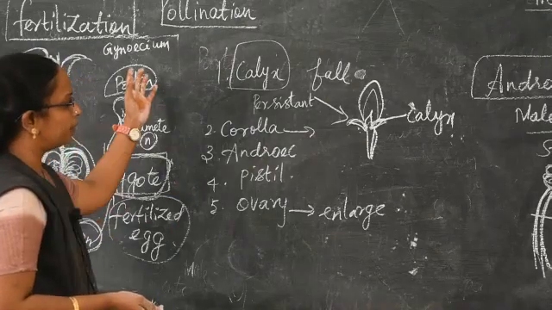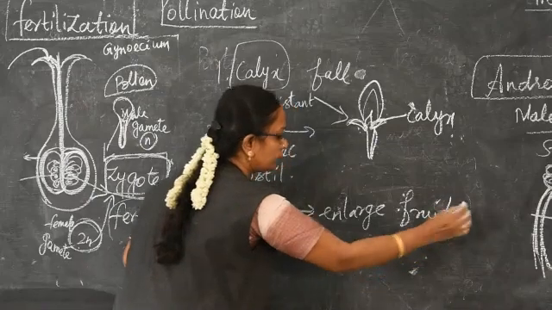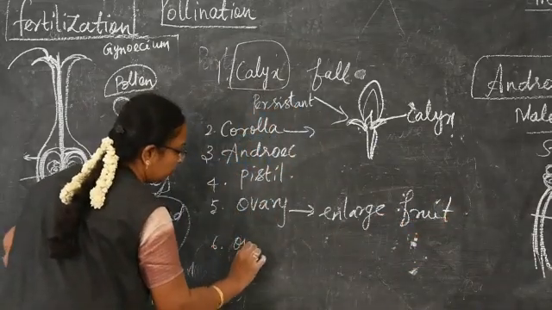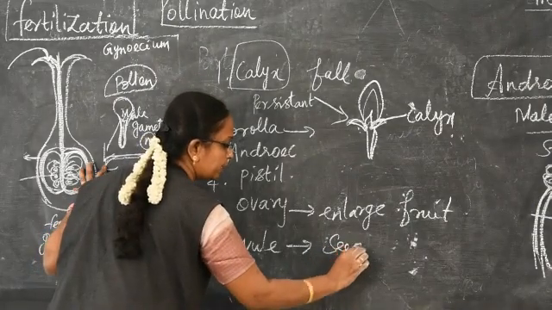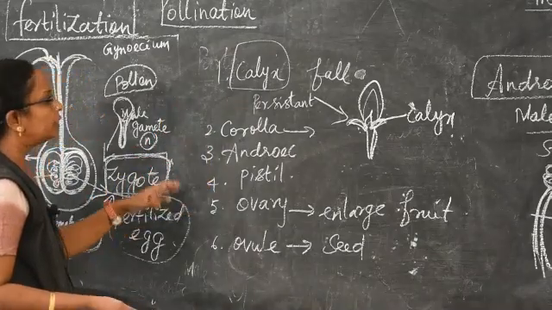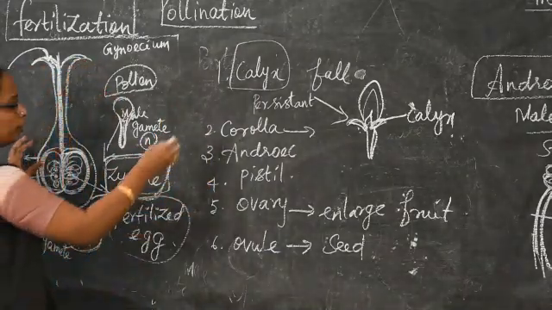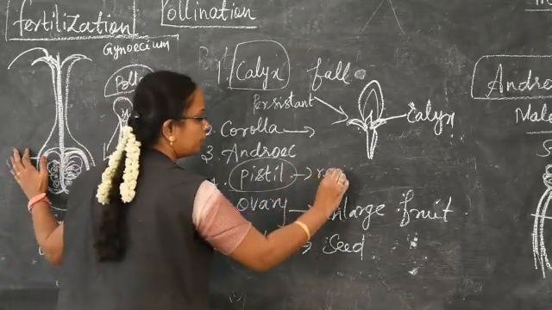The ovary after fertilization develops into fruit. The ovule after fertilization develops into seed. So these are the changes that take place after fertilization. So everything will wither off except the pistil, which remains as such.